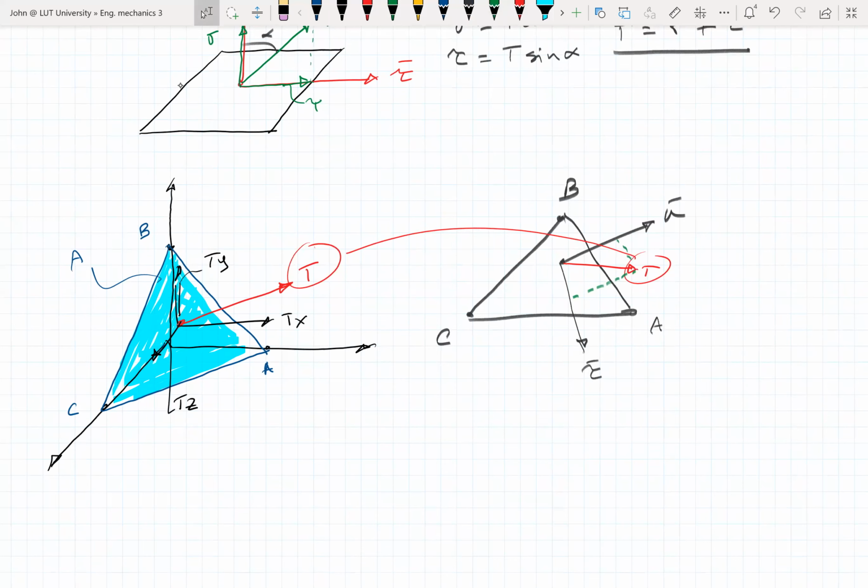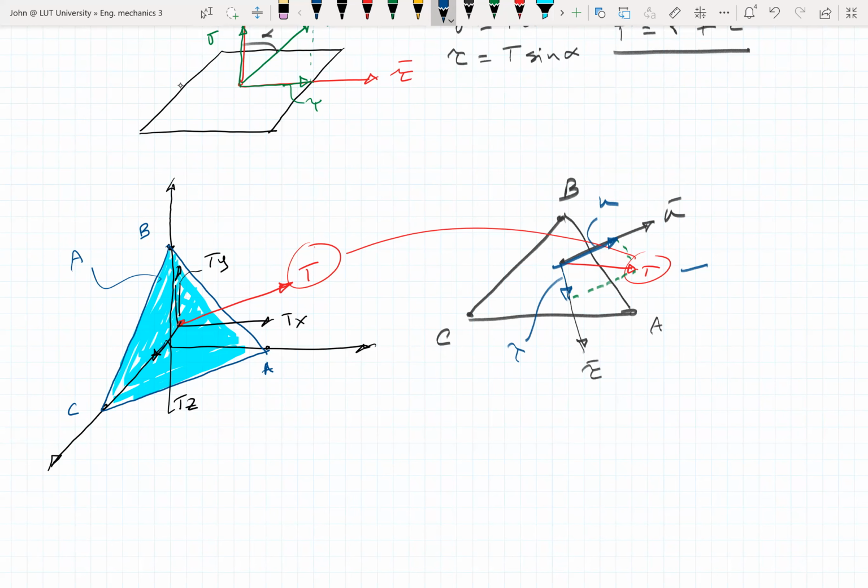Meaning that if this is a stress represented on my Cartesian coordinate system x, y, z, then on an inclined plane this is going to produce a normal component, which is the projection of this stress onto the unit normal vector n.